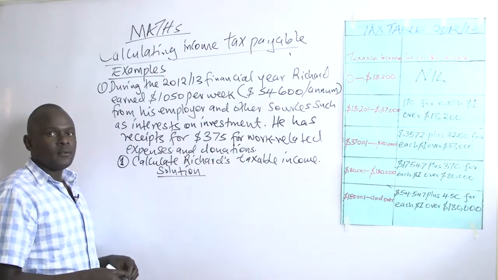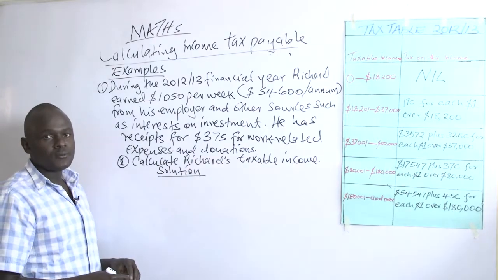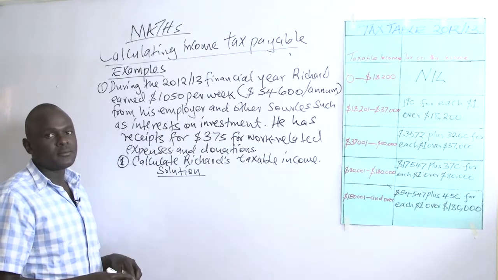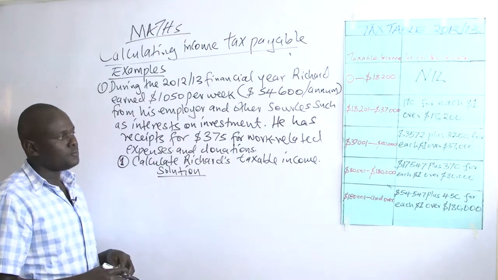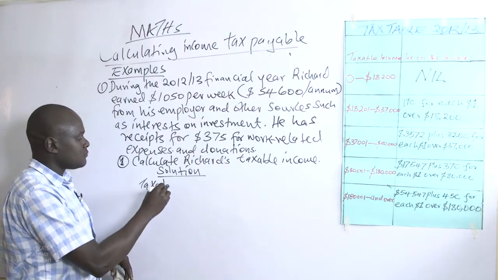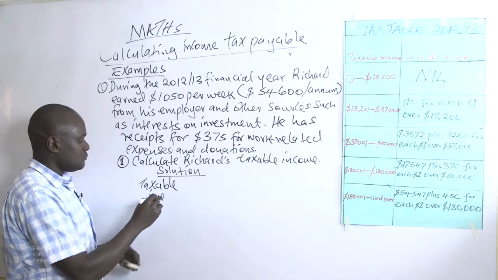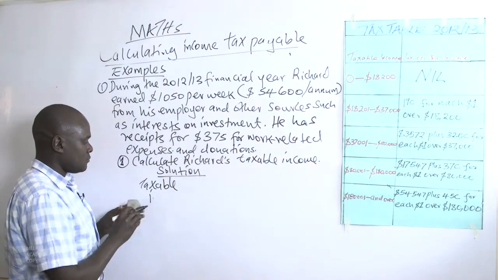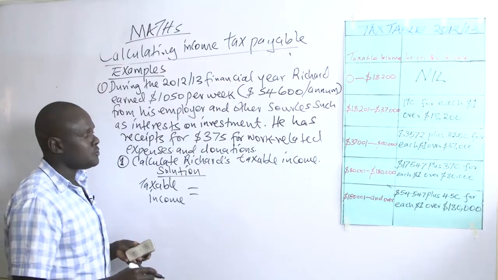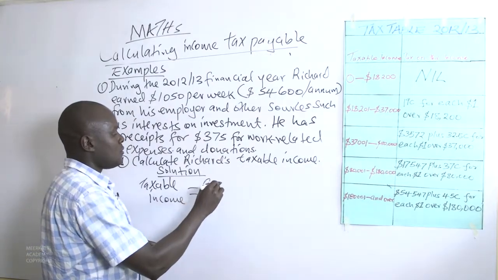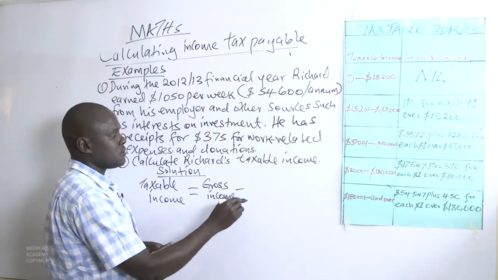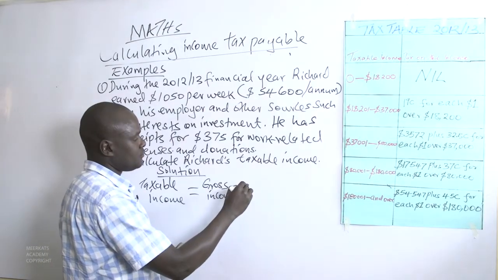Remember, for us to solve such a question, it is important that we write down the guiding principle that I've just reminded you. That is, taxable income is equivalent to the gross income minus the total deductions.